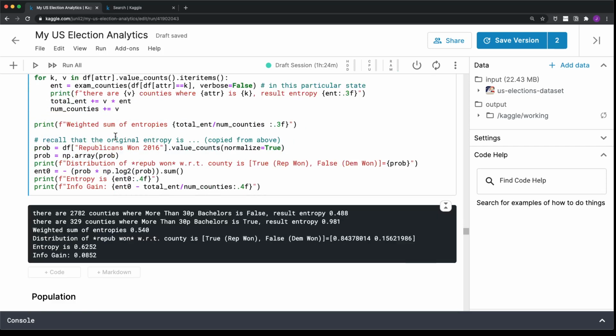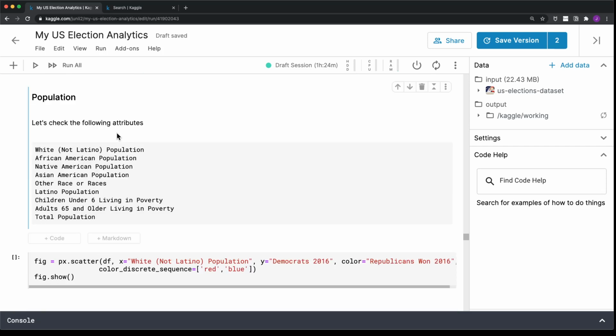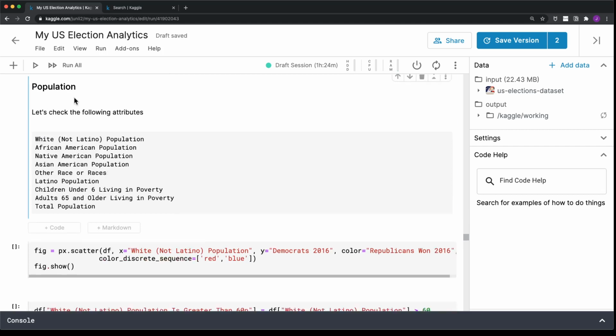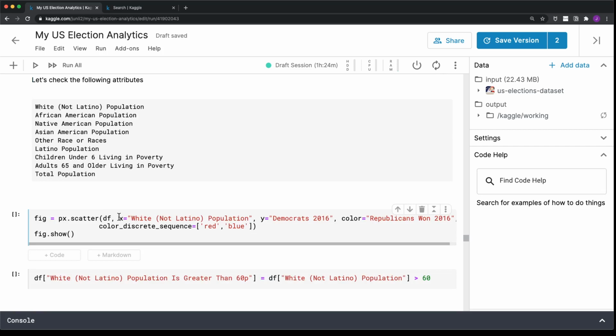Okay, let's test the water on some other populations. How about we look at the people, say, what is the consequence of the proportion of white non-Latino population and the outcome of the results.